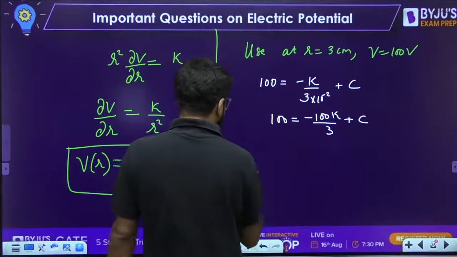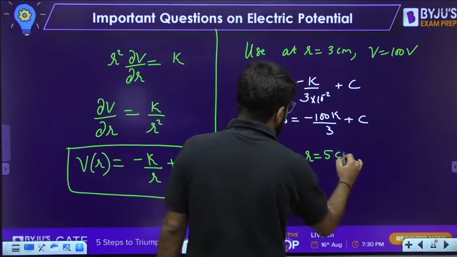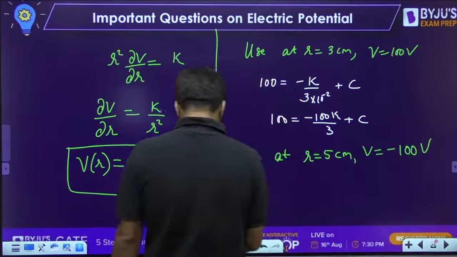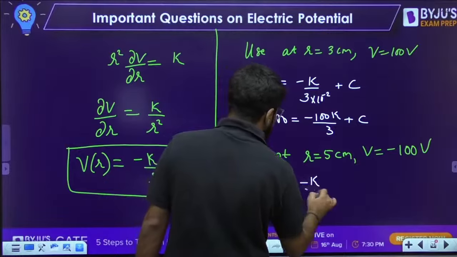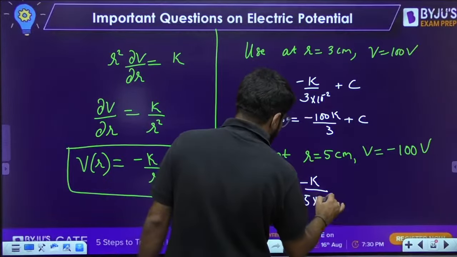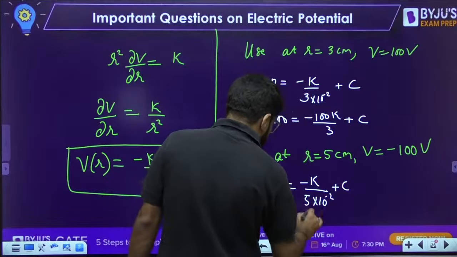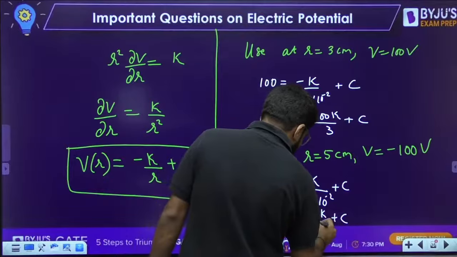Now I will use the next condition, that is at r equal to 5 centimeter, potential is minus 100 volts. Minus 100 is equal to minus k by 5 into 10 power minus 2 plus c, or minus 100 is equal to minus 100k by 5 plus c.